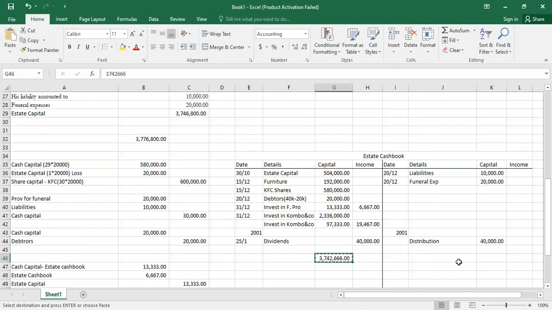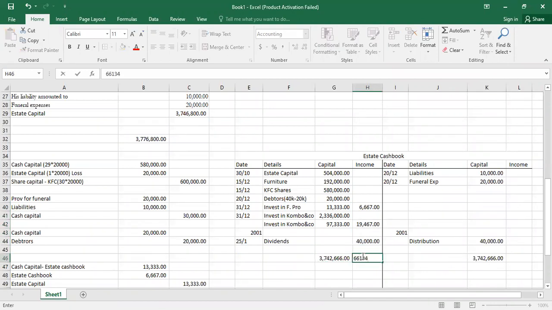Paste this. Then the income column. The income column, I have 66,134. So this will be my balance carried downward.